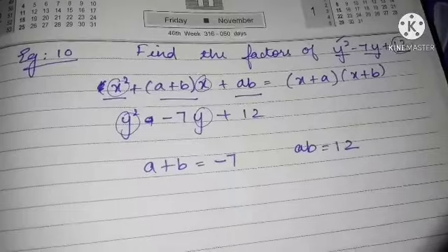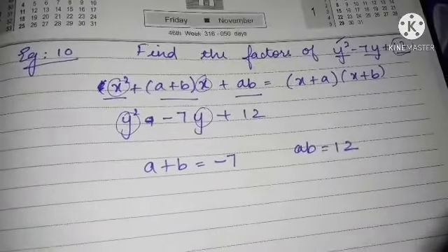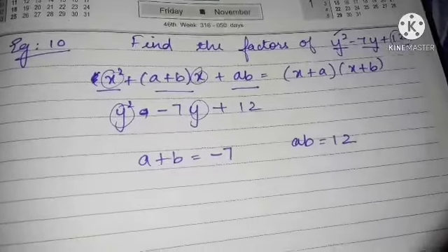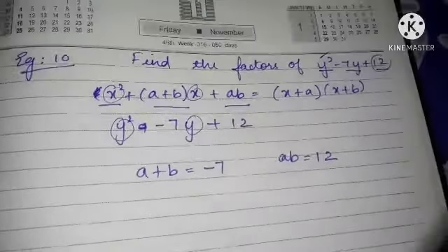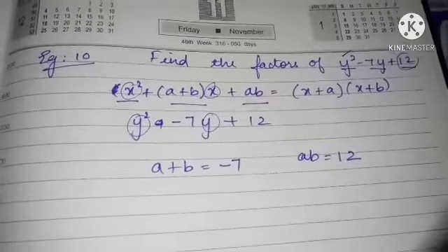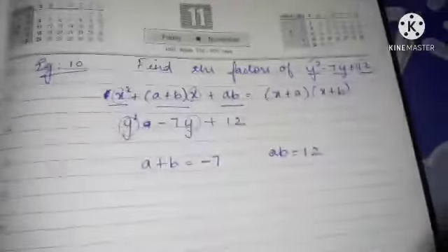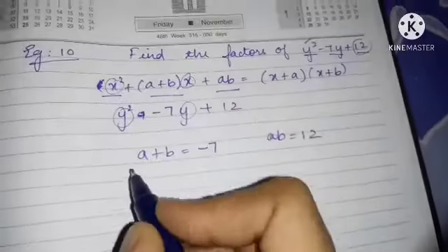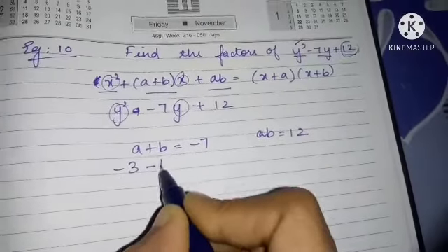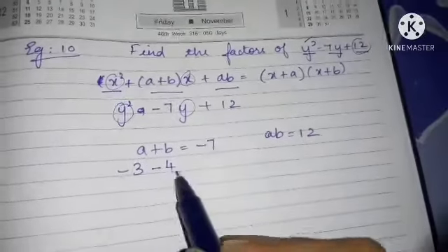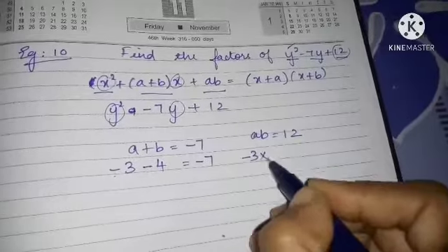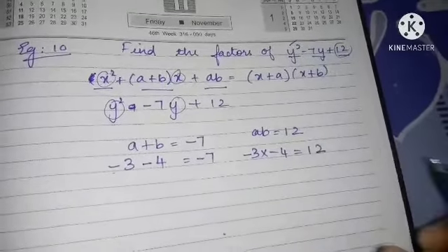How can we compare it easily? Actually this is minus 7, right? So minus should come, correct? Because minus 7 is there, children. So a will be minus 3 and b will be minus 4. If I do minus 3 minus 4, you will get minus 7. If I do minus 3 into minus 4, you will get plus 12.